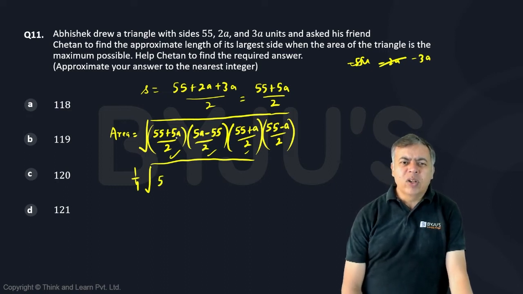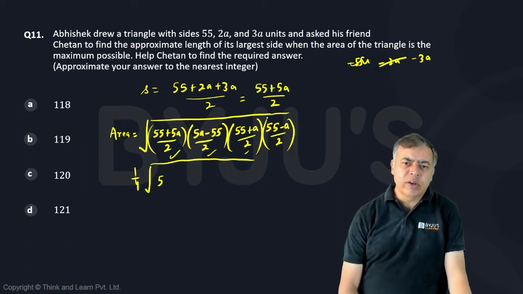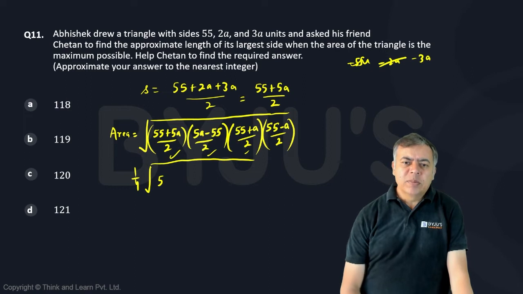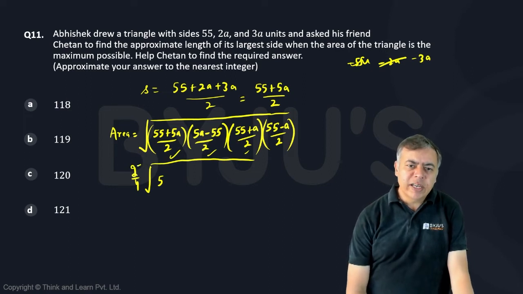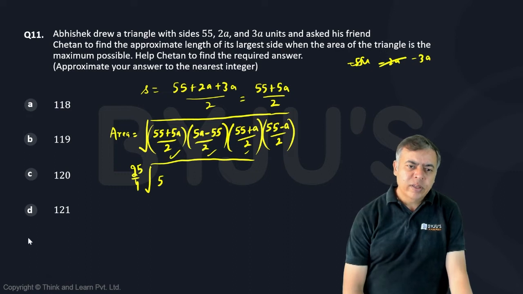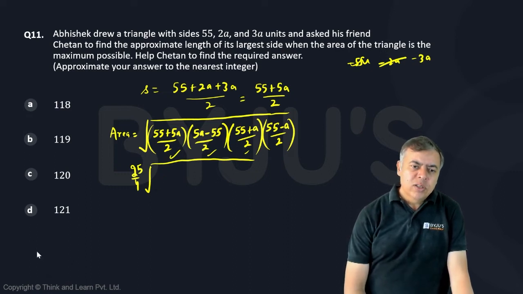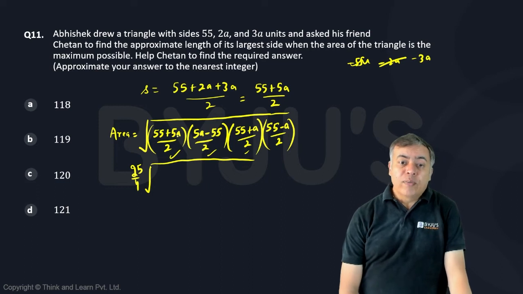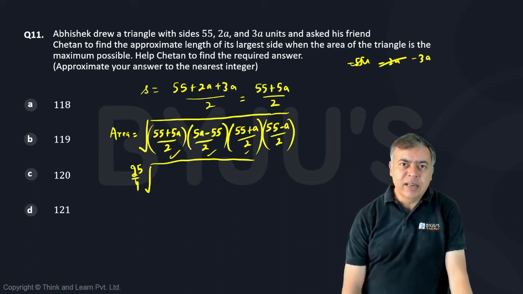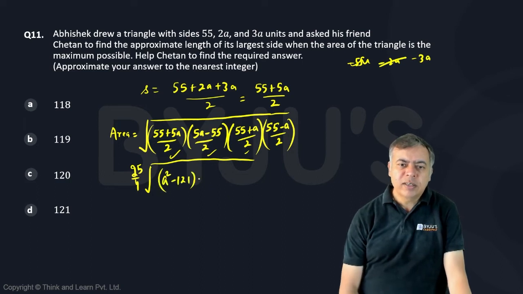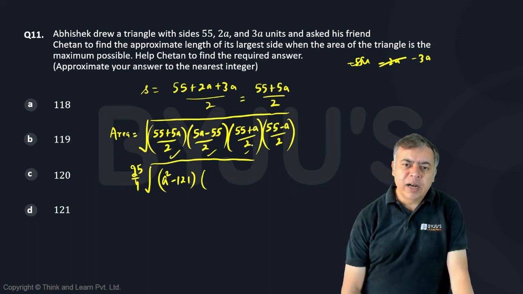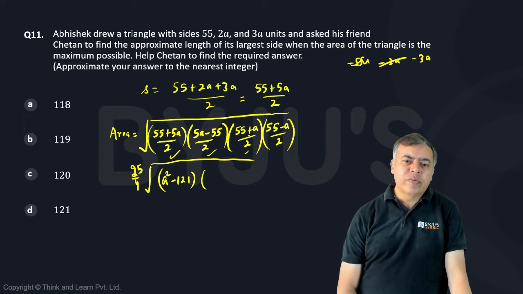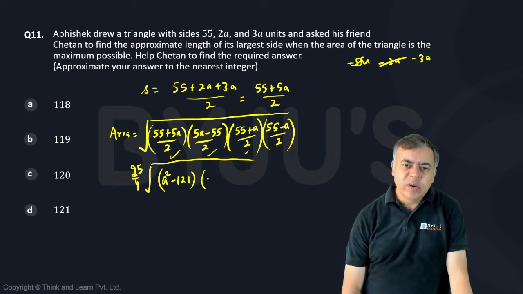Rather, we can take 5 common from these terms, so 5 common: a plus 11, a minus 11, which becomes a square minus 11 square. In the second part it becomes 55 plus a, 55 minus a.